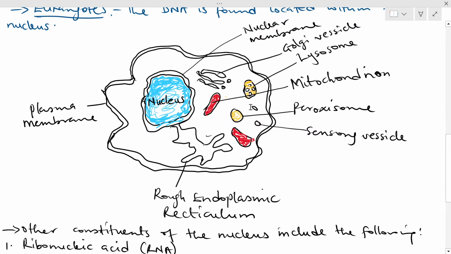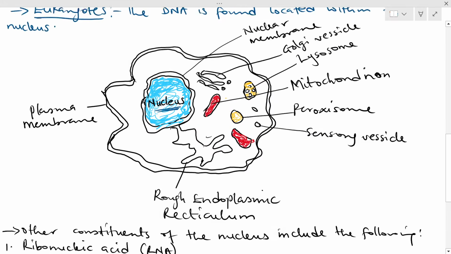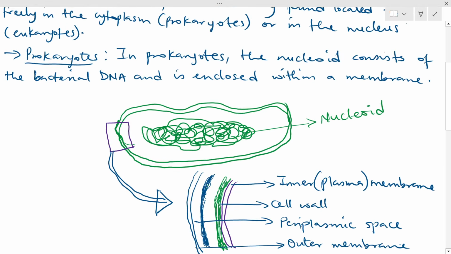And in driving at the isolation of DNA, you need to break through all of these processes and get right to your target, which is what? Your nucleus.